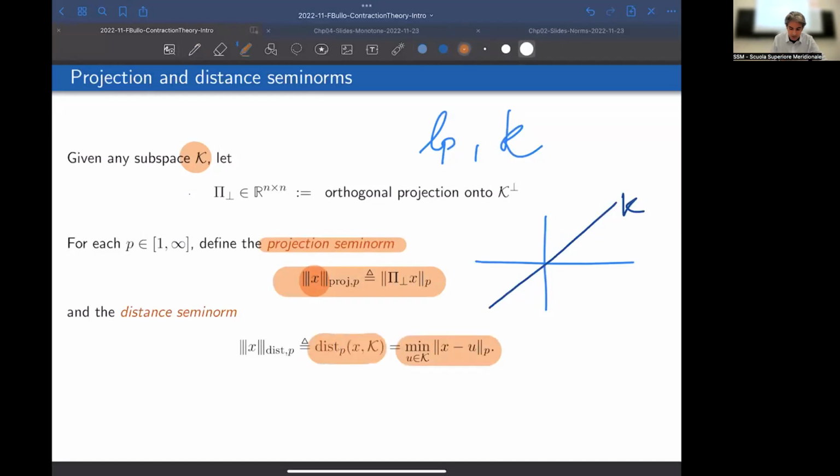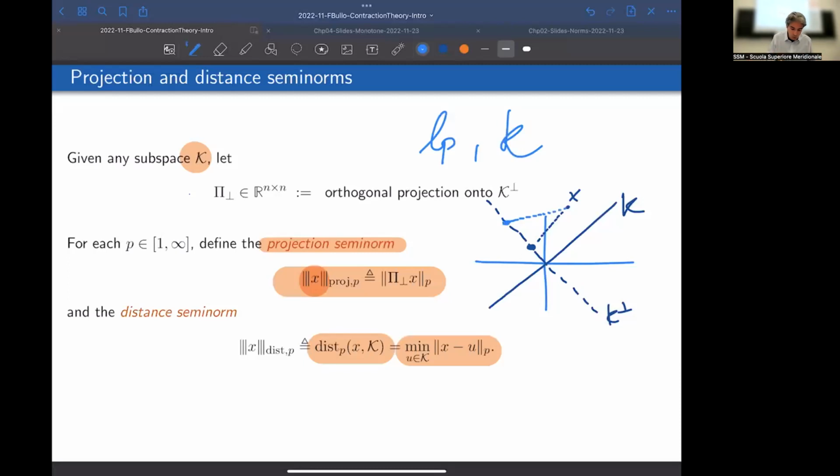If I take a point X, and this is K perpendicular, the first idea is I do the orthogonal projection here and take the P norm of that. That's the shortest and closest point in the two norm. But in the one norm, infinity norm, and other norms, I could look for the closest point to X, and it could be different from the orthogonal projection, because I am using as notion of distance a P norm, and it's not the two norm for arbitrary P.